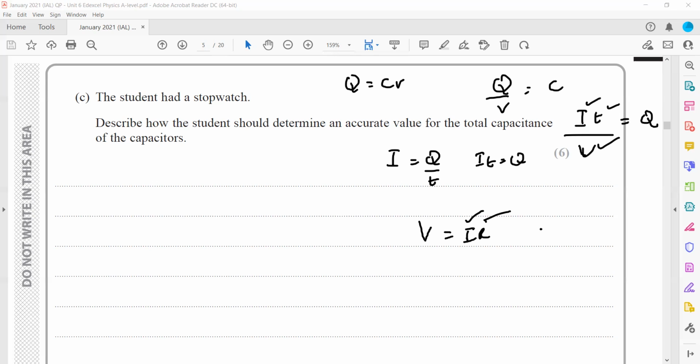How will we get the resistance? It is the resistance we are using in the circuit. So we select a proper, specific value of resistance.